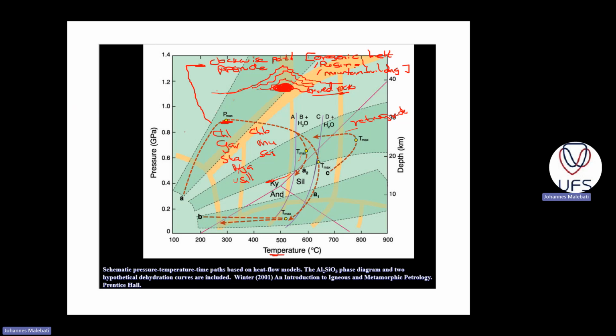So we've mentioned this clockwise path, wherein the pressure increases first, then followed by the temperature. We said this is typical of regional metamorphism or the orogenic events. Now, with path B, here is where you are having what we call contact metamorphism.